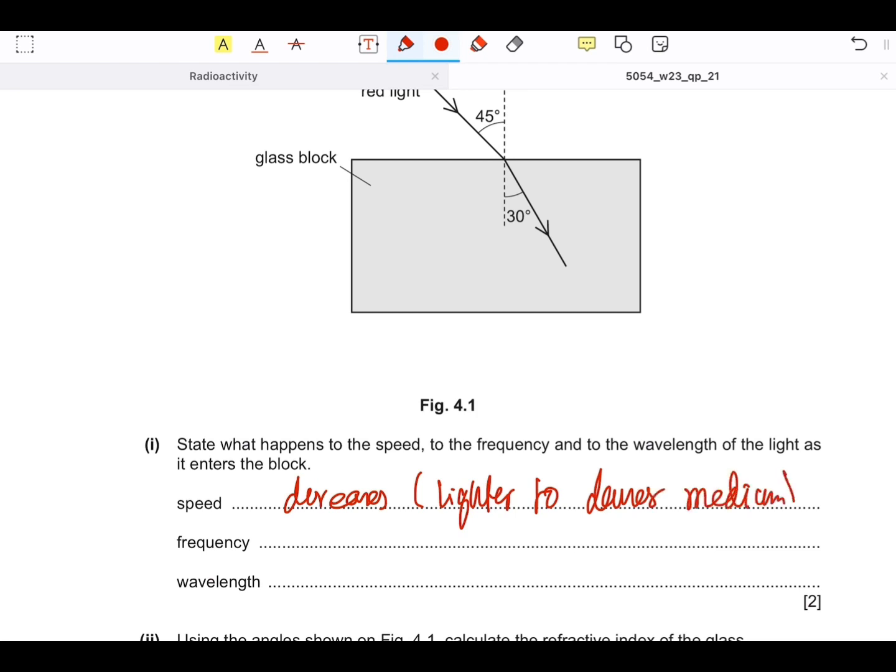The frequency remains the same, and the wavelength also decreases. It's proportional to the speed.